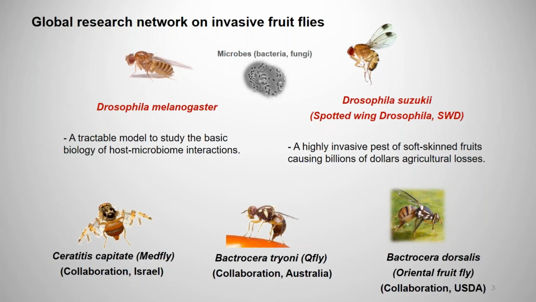And gradually, I've become more interested in solving some of the real-world issues. One of them is Drosophila suzukii, highlighted here, which I'm going to talk about today. This pest is highly invasive, and they can attack a range of soft-skinned fruit, and they are causing billions of dollars in agricultural loss in the world, and at least a few hundred million dollars in losses in the US.